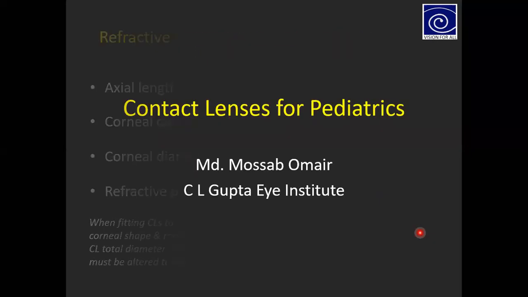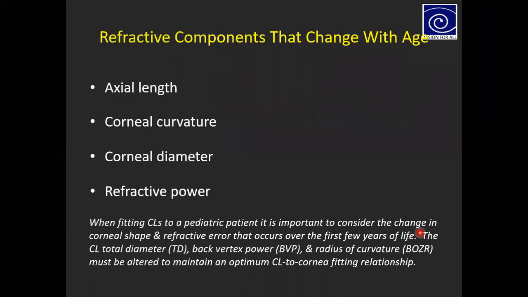So before going into pediatric contact lenses, there are some factors we need to understand in terms of pediatric eyes. One thing is the axial length. In infants or toddlers, the axial length is smaller than in adults.